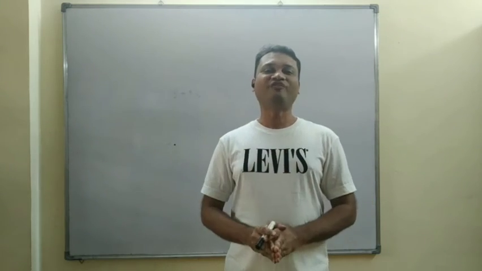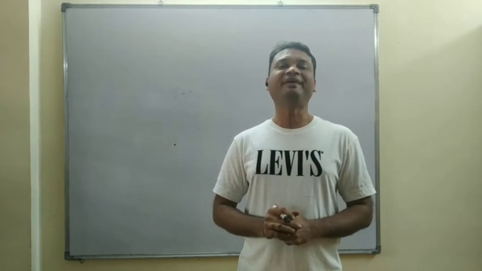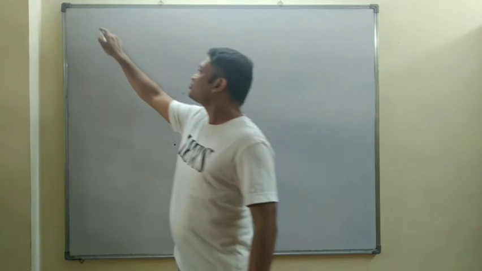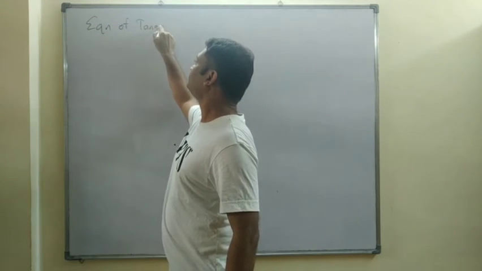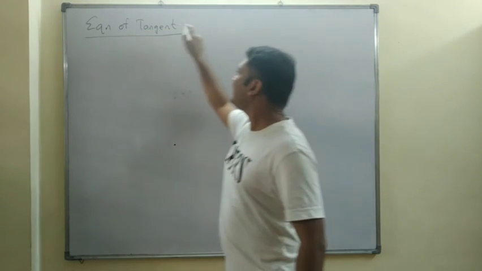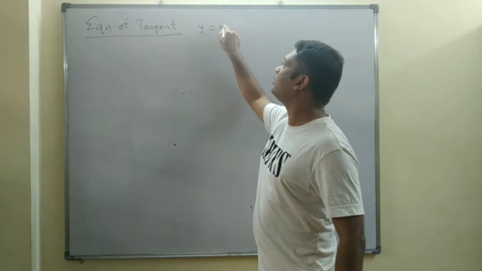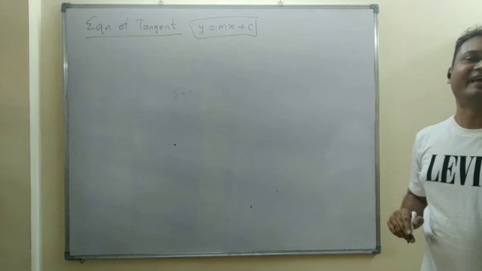Now we are deriving the equation of tangent to a circle in standard form in terms of the slope intercept form of equation of line.